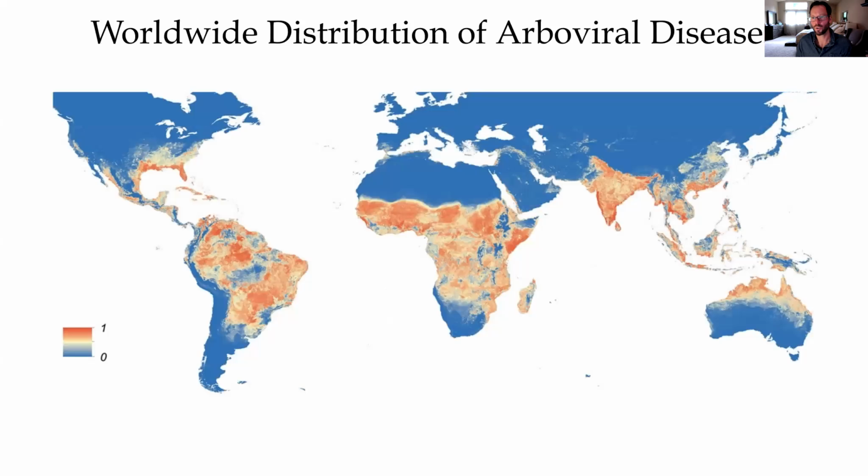When you look at the distribution, it's mostly in the tropical region, around the equator, where insects don't get killed off when the cold comes.